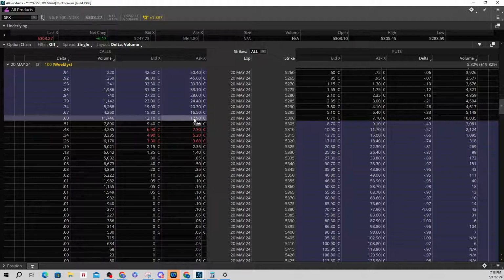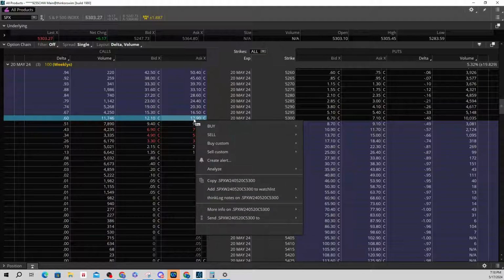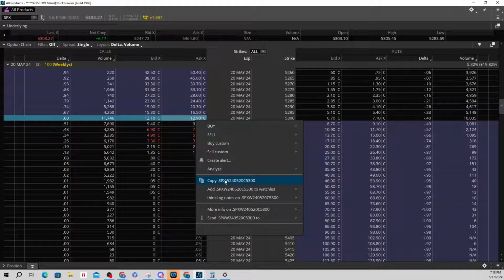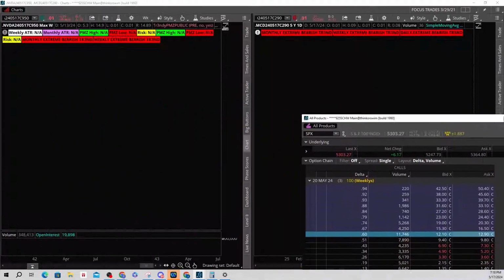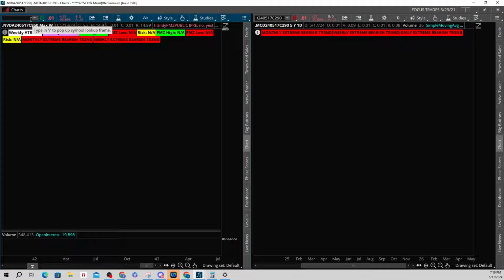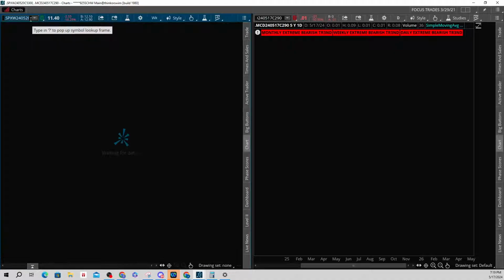You could do this before the market opens, so you can pick out your option before the market opens. What I can do here is add the SPXW into a certain place, or I can just copy. I don't mind copying, so I'm just going to copy this. Then I'm going to come over here, backspace, get all that stuff out of there, Control V, then hit enter.